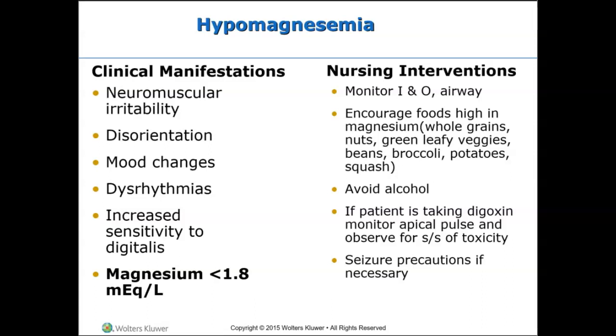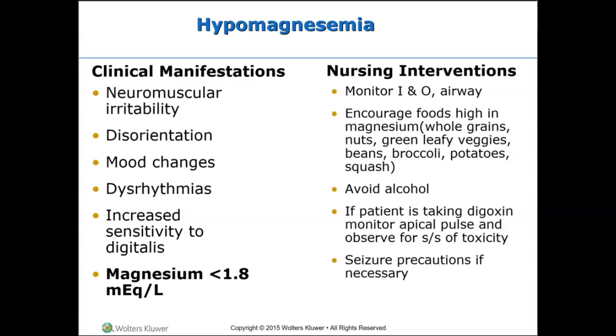Remember, with certain meds, it can increase the sensitivity to them. For example, digitalis, right? So you've got to be very, very careful. Again, their magnesium levels will be below 1.8. It also affects the heart, right? Dysrhythmias, and the increased sensitivity to digitalis medication.